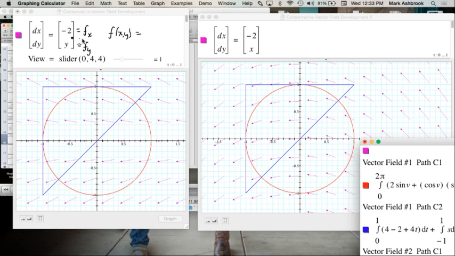This would give us one perspective on f, which would be negative 2x, plus some function of y and a constant. This gives us some perspective on f: y squared over 2. Does this function have this as its gradient? Yes. So this is a gradient field.